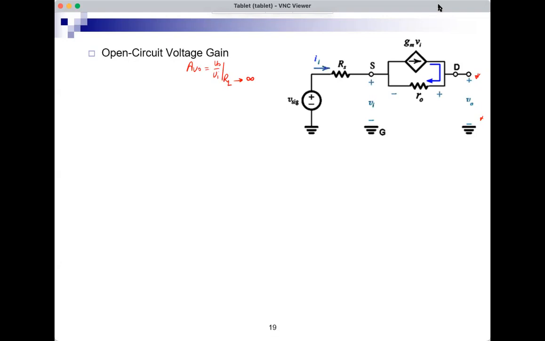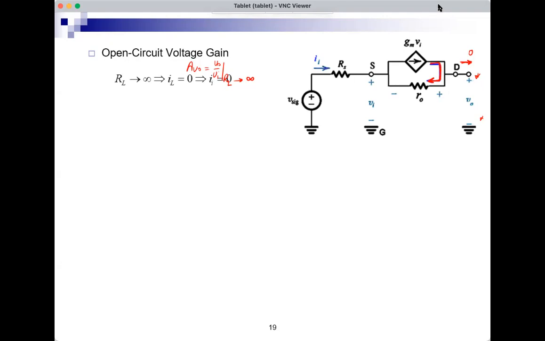So this current GMVI now cannot flow like this. No current can flow like this now. There's no output current. This is 0. And therefore, the GMVI current will have to circulate back. So this current circulates back in RO. And that's how I can find now VO.